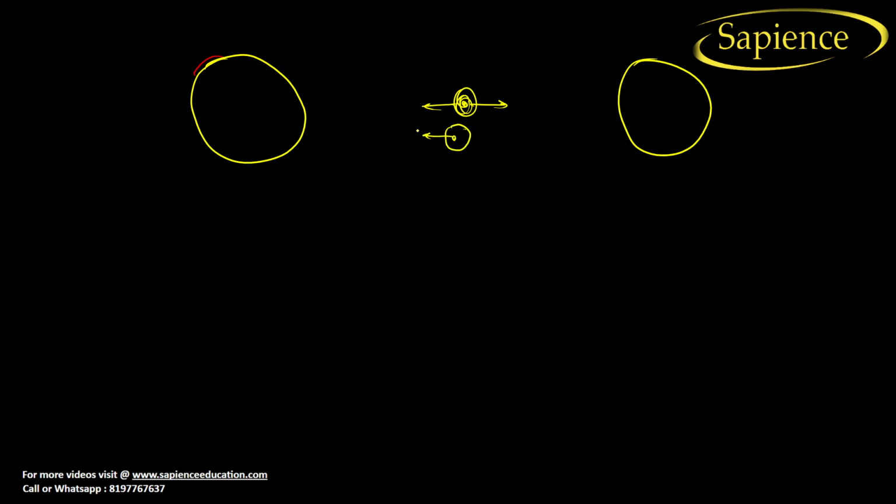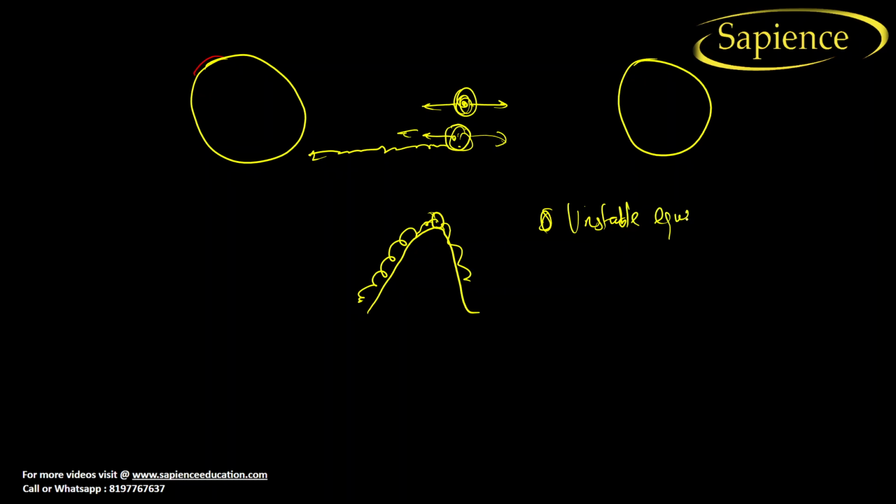There will be more attraction toward this one, and due to that attraction it will move like this and go beyond. It will not come back again. If you push this object even a little distance, it will move a long distance. So that's why it is unstable equilibrium. I hope you have understood this.